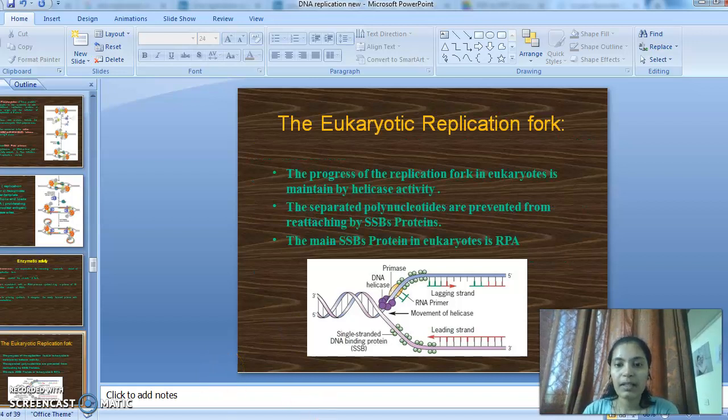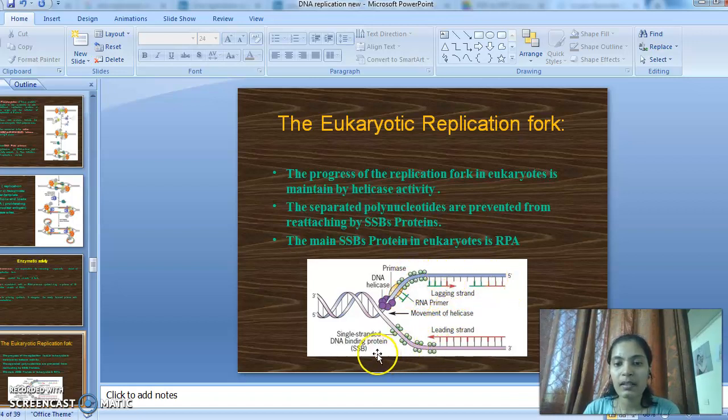So this is the replication fork. If you see now, this is your wound DNA. Then unwinding takes place. So you have 5' to 3' and 3' to 5'. This is the leading strand, because the bases are added from 5' to 3', whereas this is the lagging strand, because it is opposite to that of the addition.